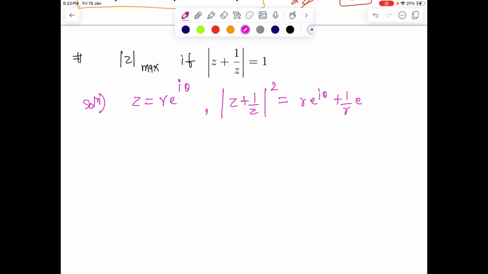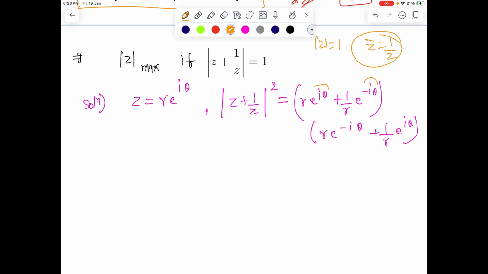That will be nothing but r e^(i theta) plus 1 by r e^(i theta) into its conjugate. So it's r e^(-i theta) plus 1 by r e^(i theta). The conjugate of this will be minus and the conjugate of this is minus.